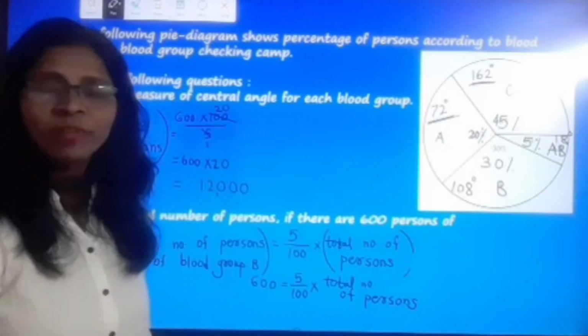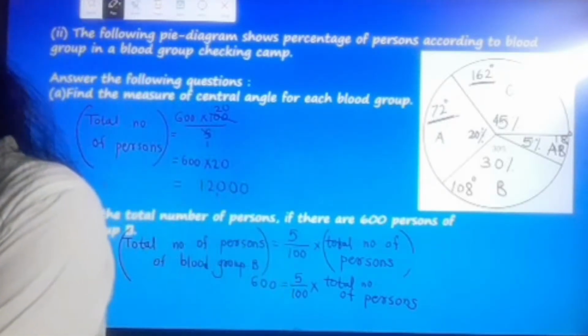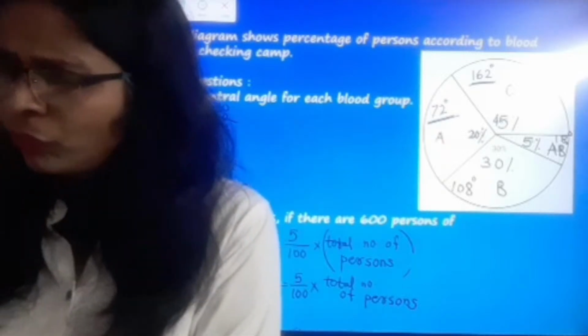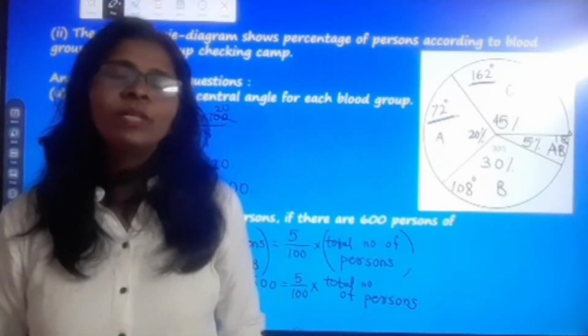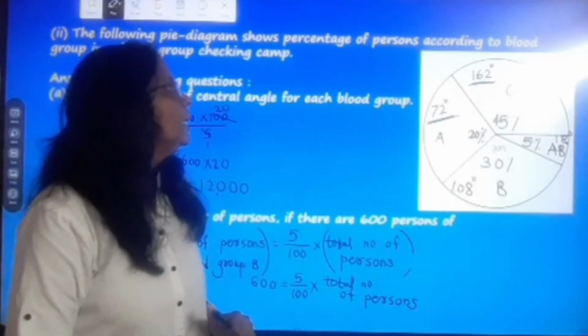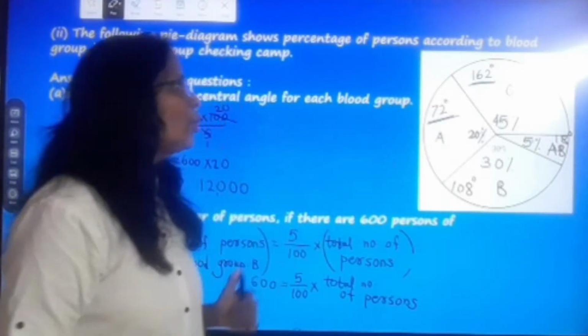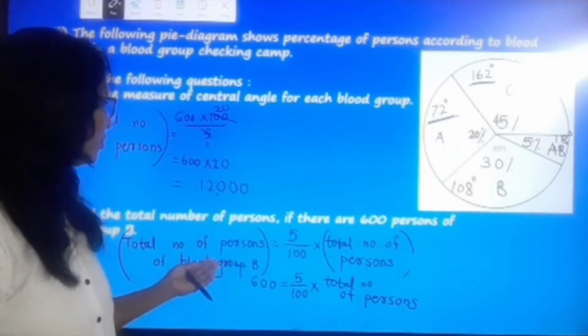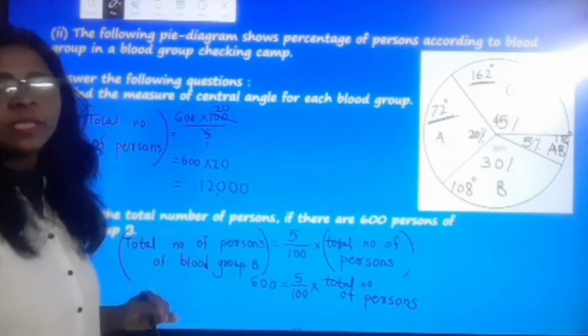Okay. In such a way, students, we can solve with the help of the formula. We can calculate the angle of blood group here, as well as the total number of persons here.